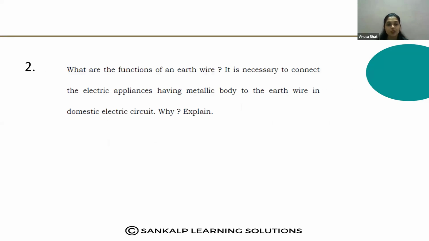Next question, again the same question. What are the functions of earth wire? Is it necessary to connect the electric appliances having the metallic body to the earth wire in the domestic electric circuit? Why? Explain. So that is also a 4-mark question.